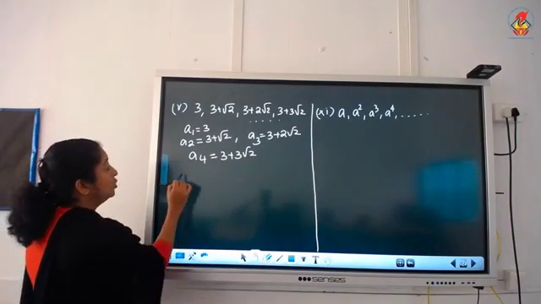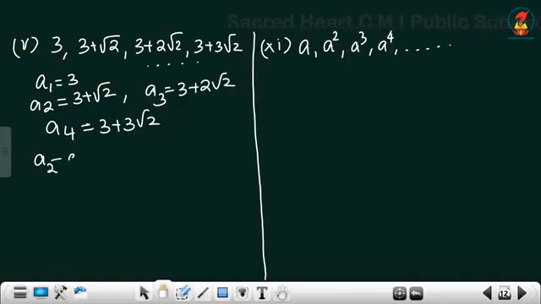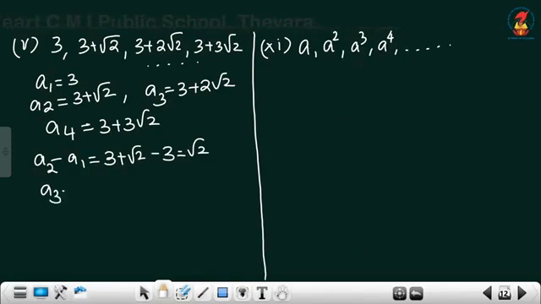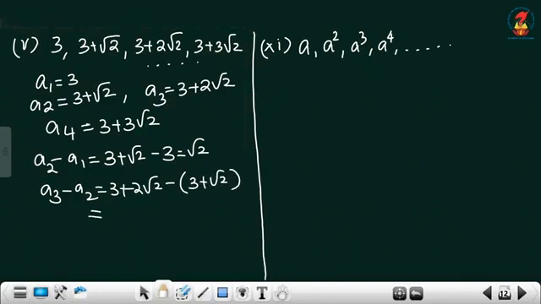For that we have to find D. So A2 minus A1 first, 3 plus root 2 minus 3, which is equal to root 2. And next one, A3 minus A2. So 3 plus 2 root 2 minus 3 plus root 2, which is equal to 3 plus 2 root 2 minus 3 minus root 2. So we can cancel off these two, remaining root 2 itself.